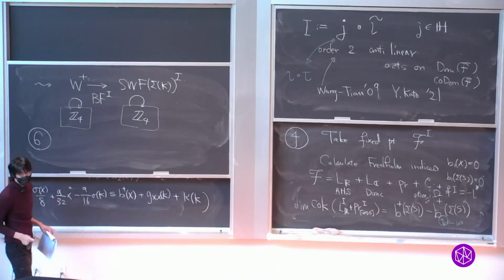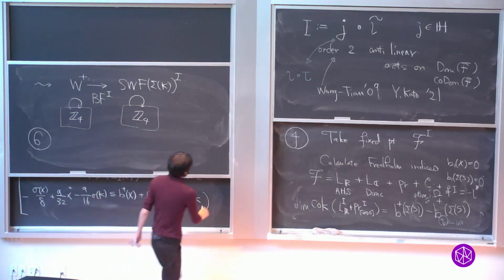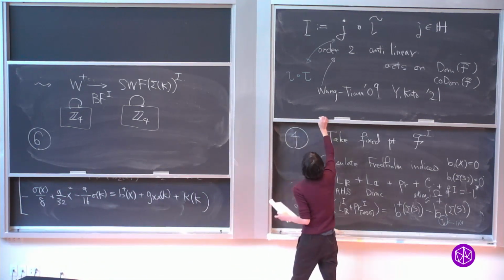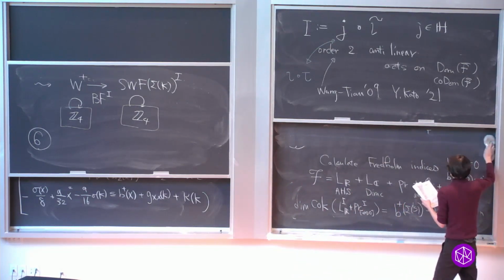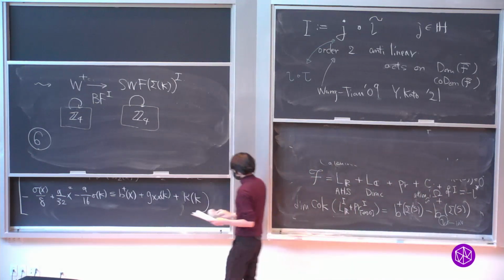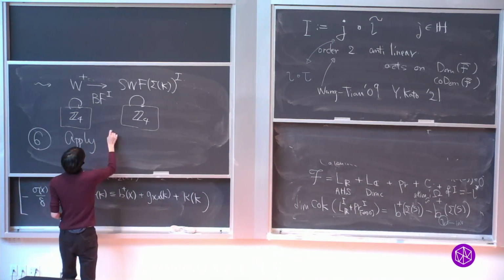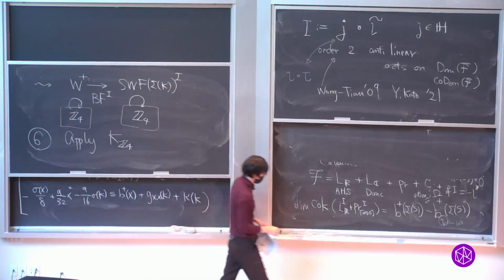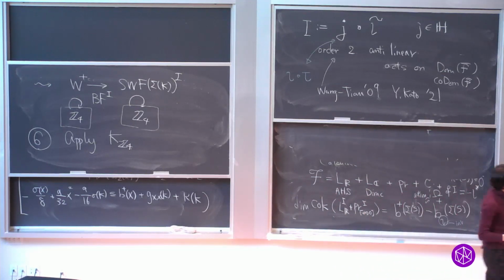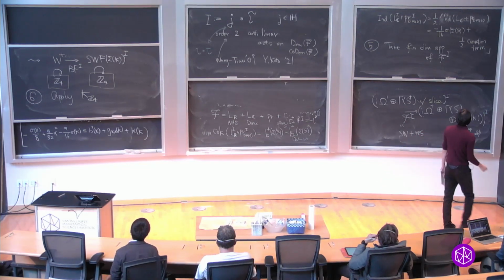Now step 6, where I have 2 minutes. In step 6, we apply K-theory, the equivariant K-theory. Precisely, we use the Thom isomorphism for equivariant K-theory, so we need some orientation for that theory.